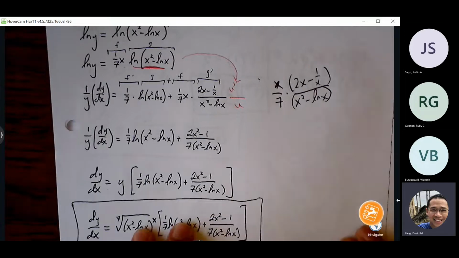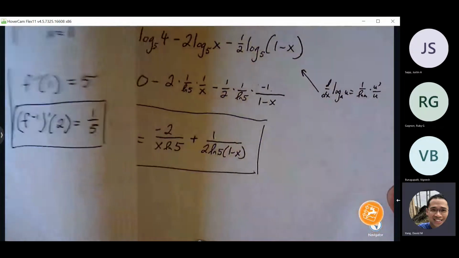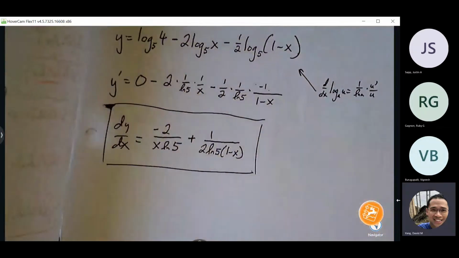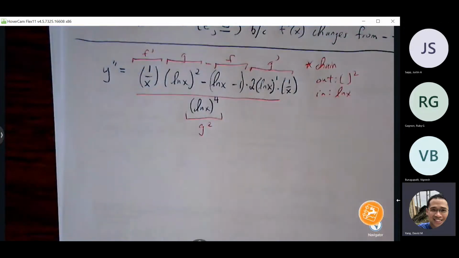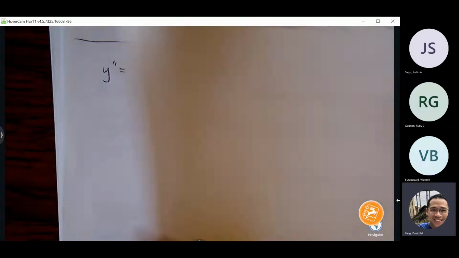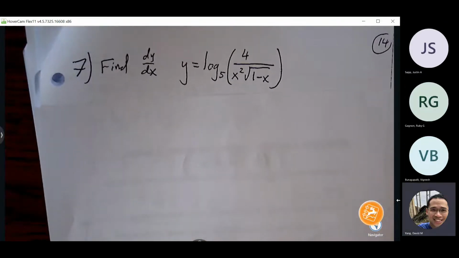Okay, let's look at a log problem that may require some expansion before the derivative. So anytime I see a log problem, I'm just trying to think of ways to take advantage of log properties.